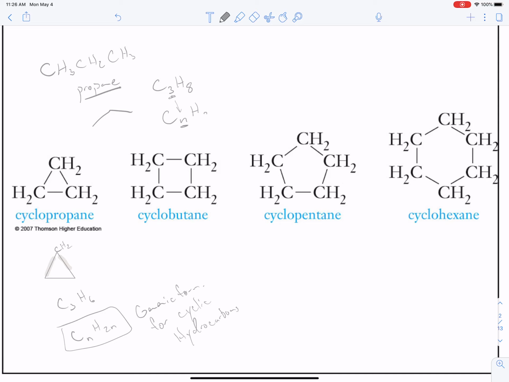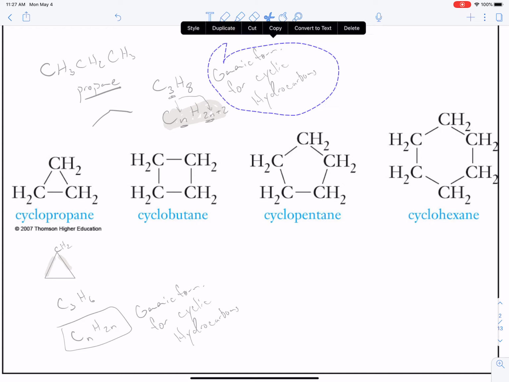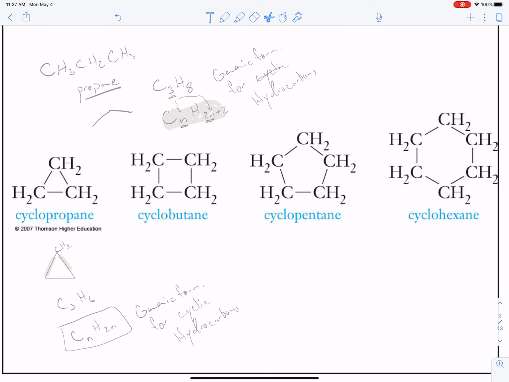Then this is H2N, so if it's 3 times 2, where N is right there, that's 6, but it has to get a plus 2. So now this formula right here becomes the generic formula for just hydrocarbons, right? How cool is that? Now we've got a couple of generic formulas that we can use for things.